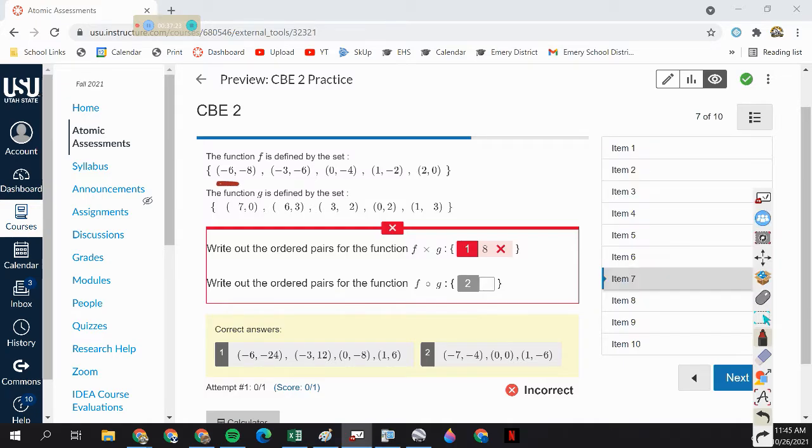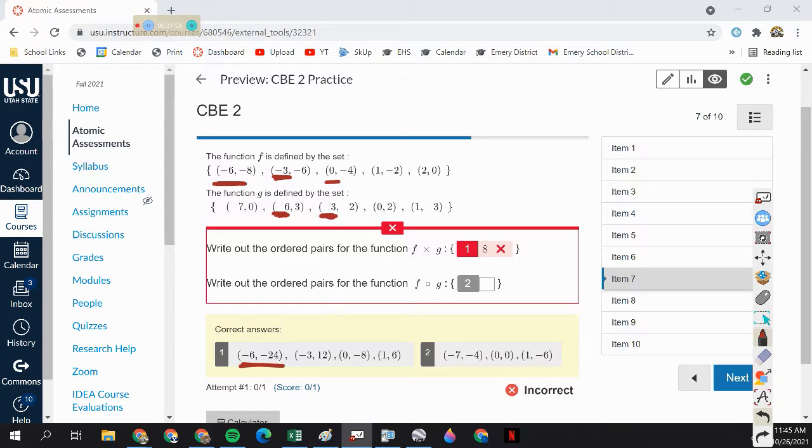Does -6 have a partner in the g function? Yes. Right there. And the answer is just the product of the two y values. So -6, -24. Okay? Does -3 have a partner in the g function? Yes. And then we just multiply those two y values together to get 12.